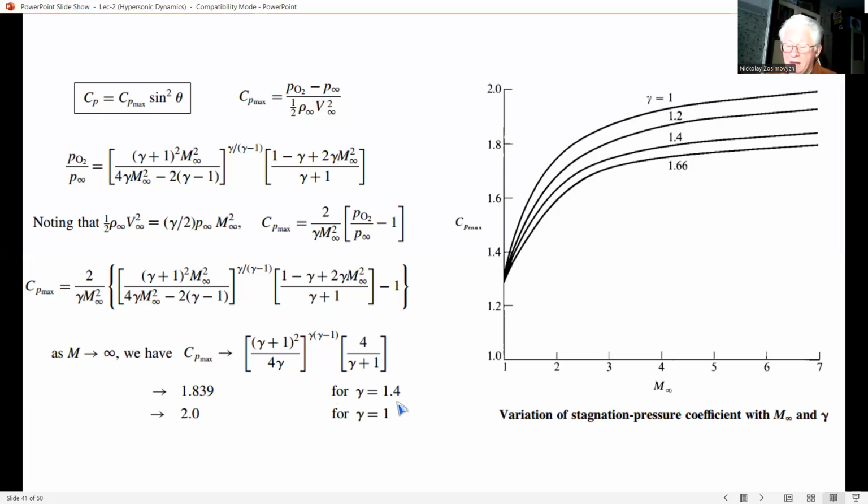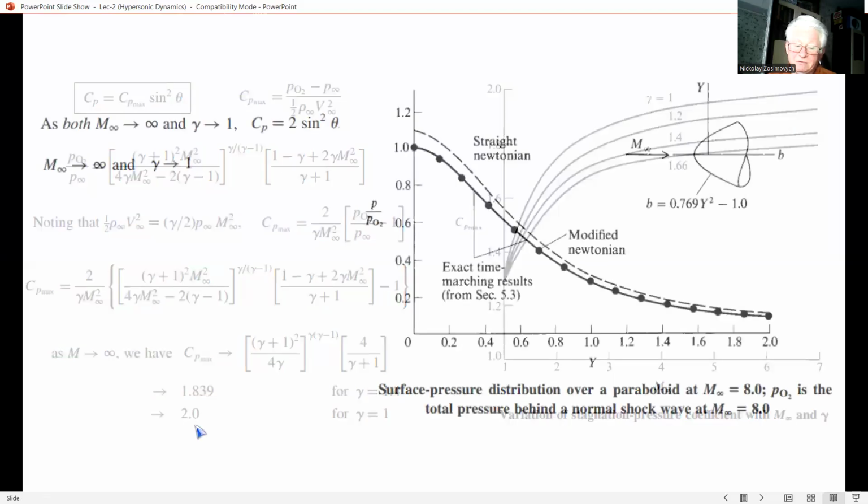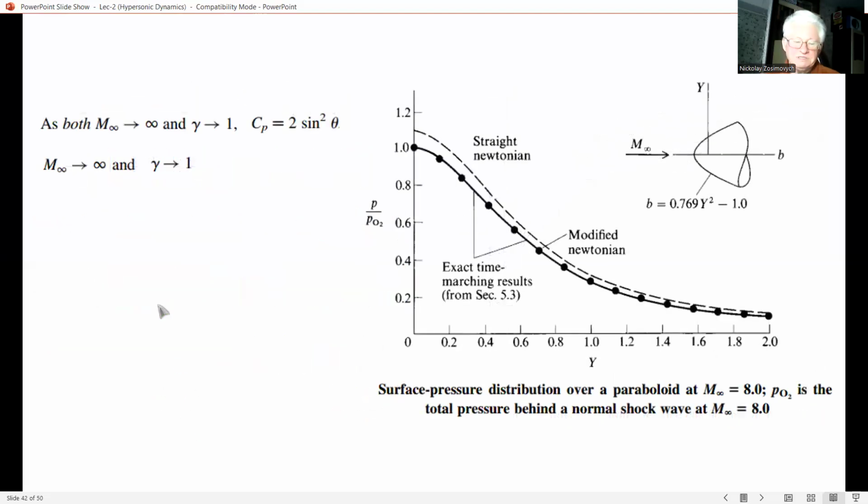For gamma equal to 1.4, this gives the value Cp max equal to 1.839. For gamma equal to 1, we get Cp max equal to 2. This equation with Cp max given in our expression is called the modified Newtonian law.